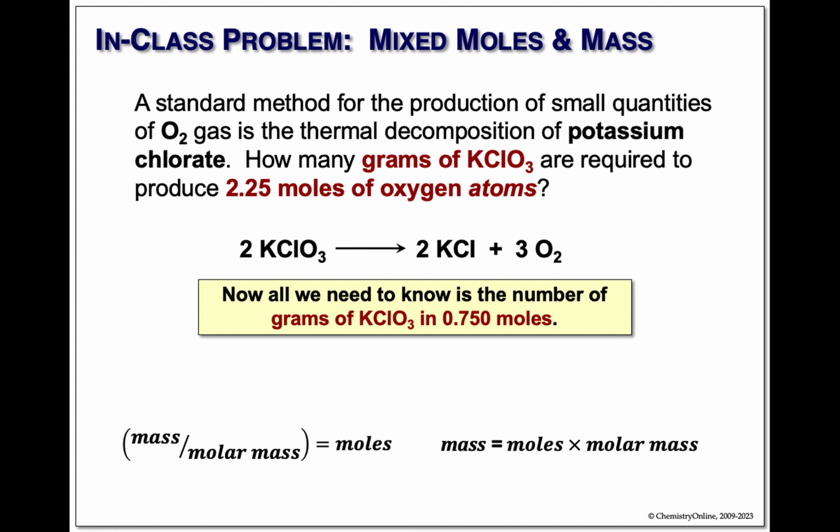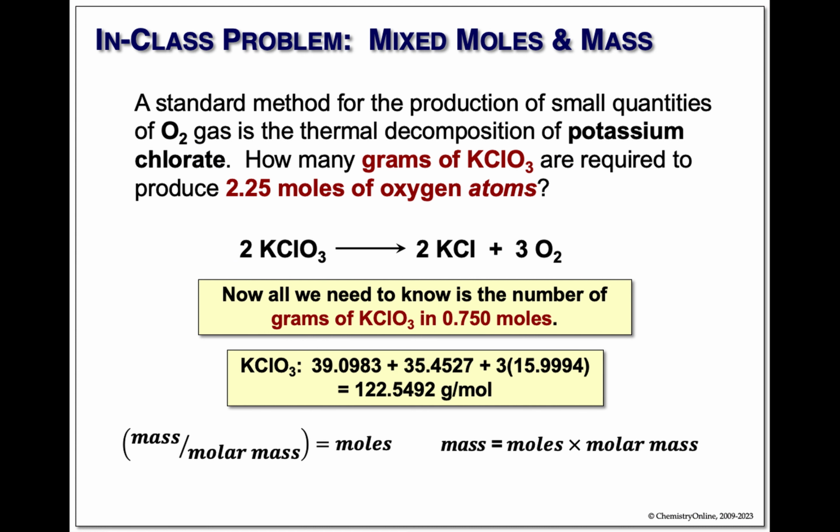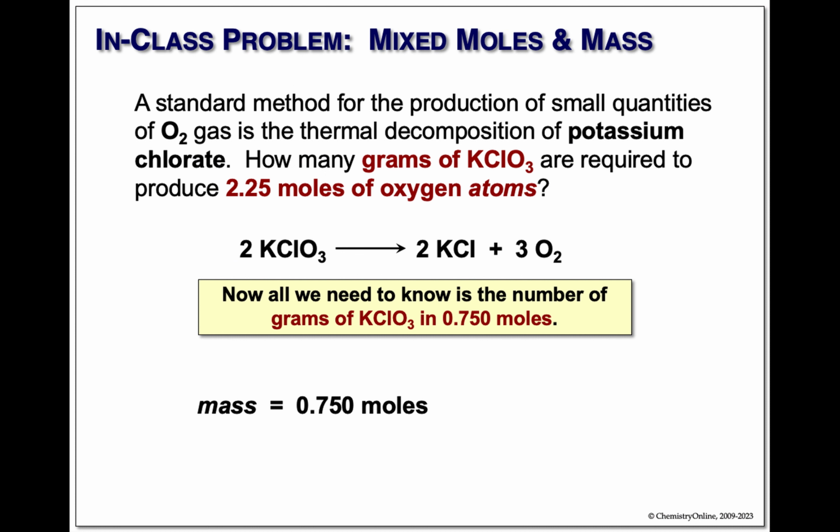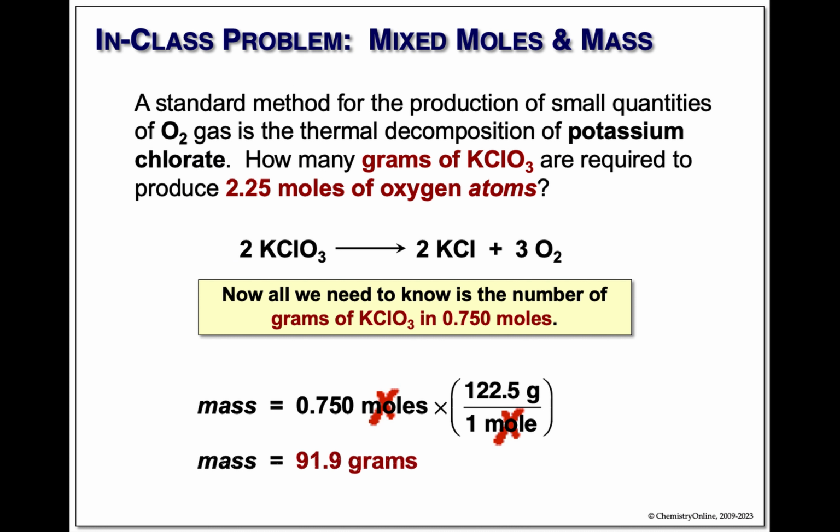On the exam, I actually gave it. 122.5. Number of moles multiplied by this would give us our mass. There's our mass. Here's our molar mass. And we're talking about 92 grams.